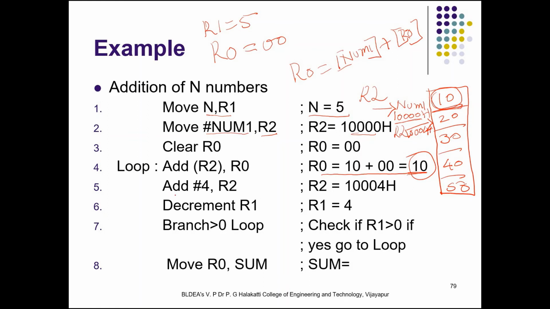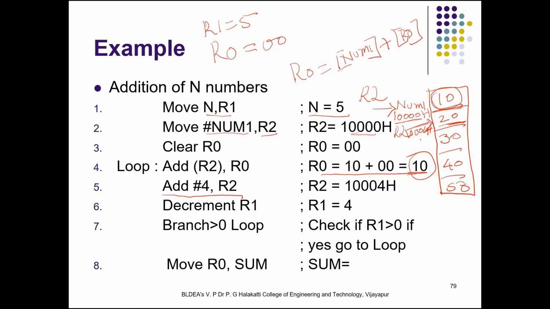So when I perform add hash 4 comma R2, R2 will now point to the next memory location. So the next element will be fetched, that is 20 will be fetched when I am going to perform addition. Right now it is going to point to the memory location where 20 is stored.